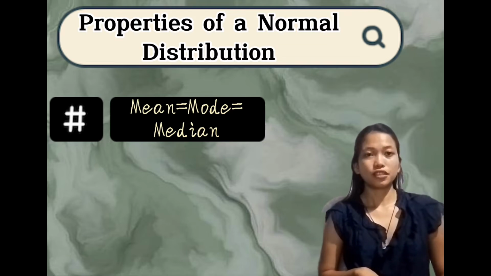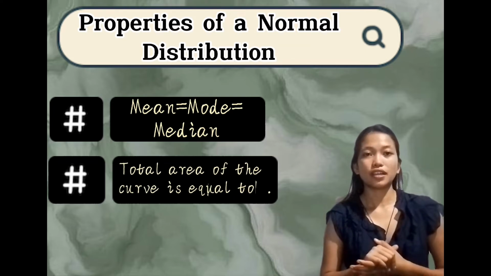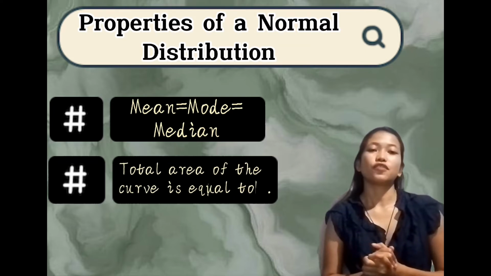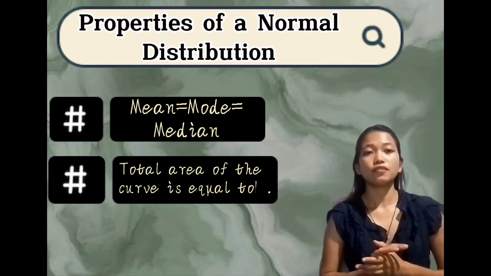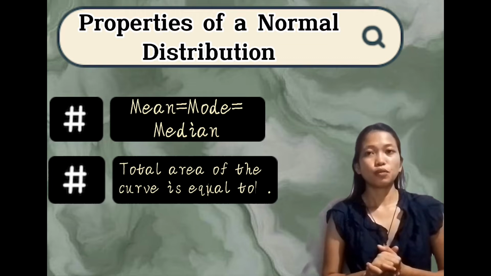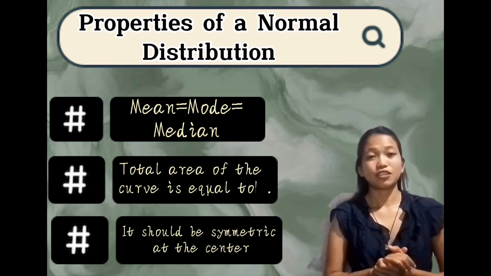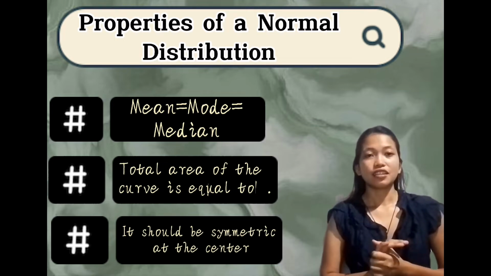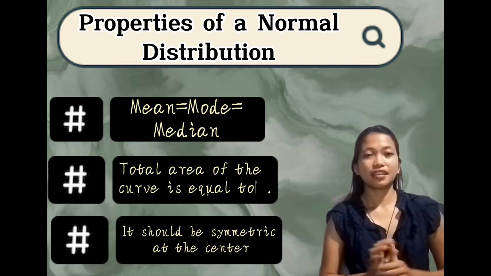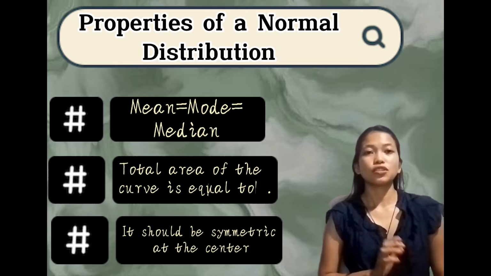The next property is that the total area under the curve should be equal to 1. Why? It is for the reason that the curve will not fall under the x-axis. The third property is that the normally distributed curve should be symmetric to the center. Because by definition, the normal distribution is a probability distribution symmetric to the mean.